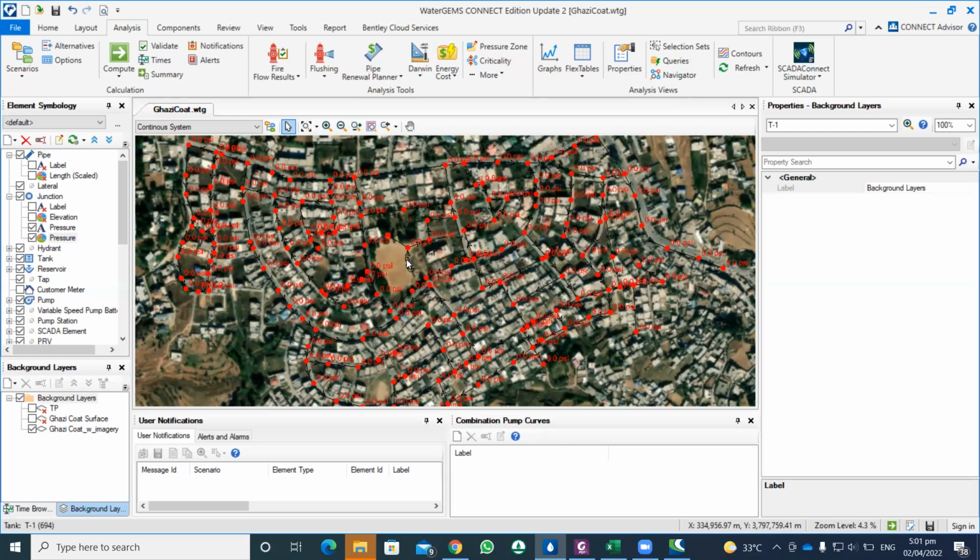WaterGEMS is very flexible, and you don't need to use AutoCAD in order to make a report for a water supply network. So I will start another session for this. So I am going to end this session.